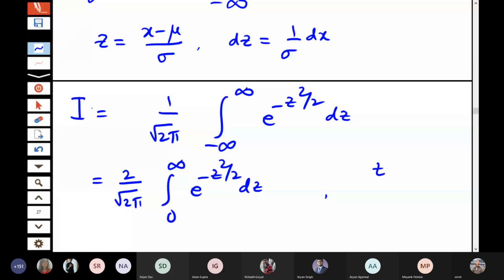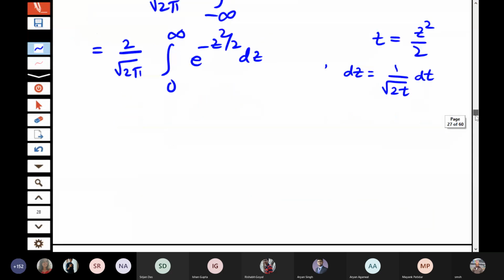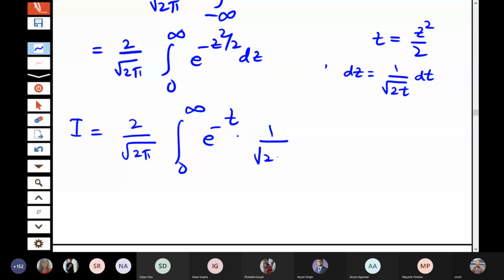And now I put t is equal to z square by 2. So then dz is equal to 1 by root 2 t dt. Okay. So then this I becomes 2 by root 2 pi, 0 to infinity e to the power minus t, 1 by root 2 t dt.